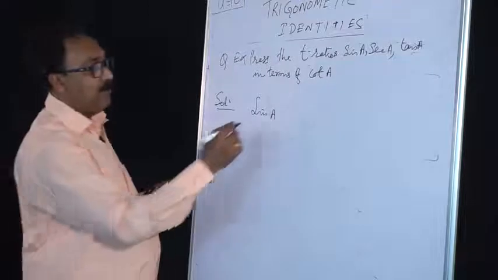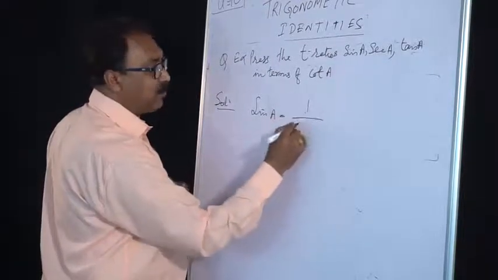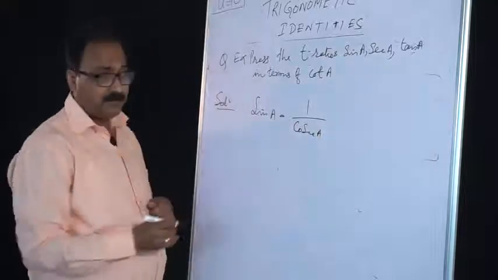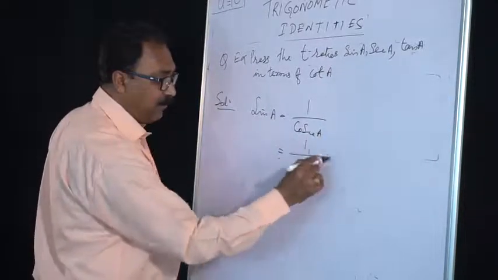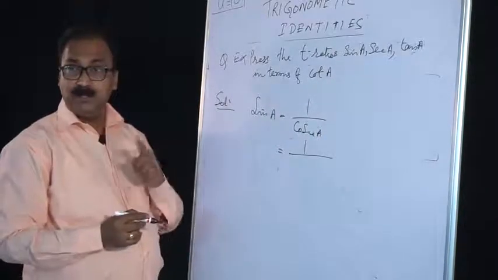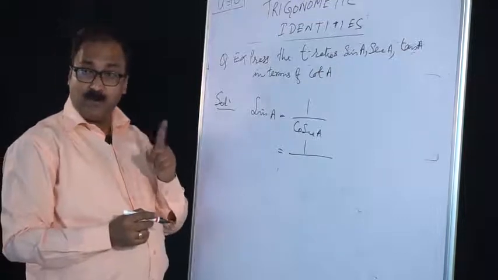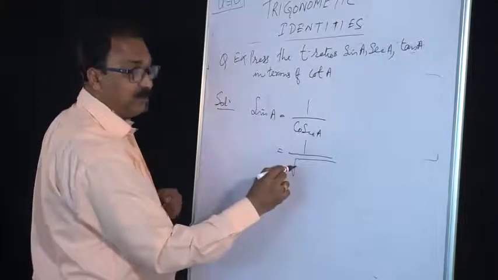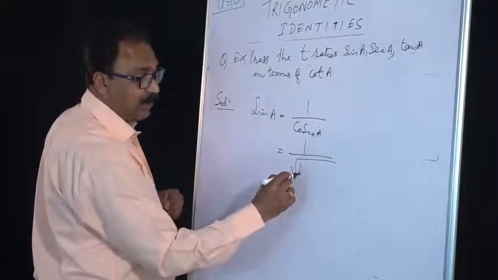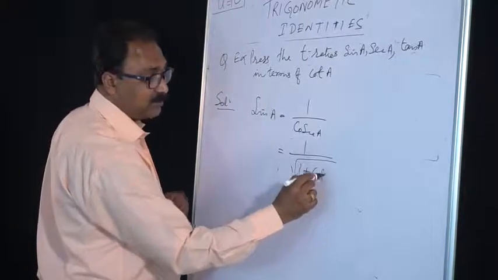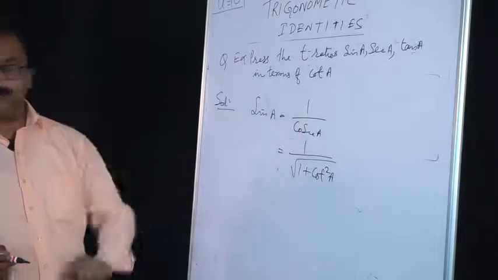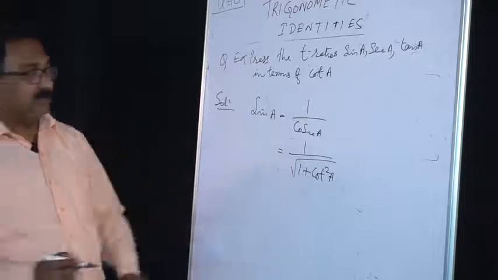So the sin A formula is 1 by cosec A. You already know this formula, no? After that, cosec A formula is what? 1 plus cot square, under a root, since square is not there. So sin changes into cot. There is no other ratio, only cot.